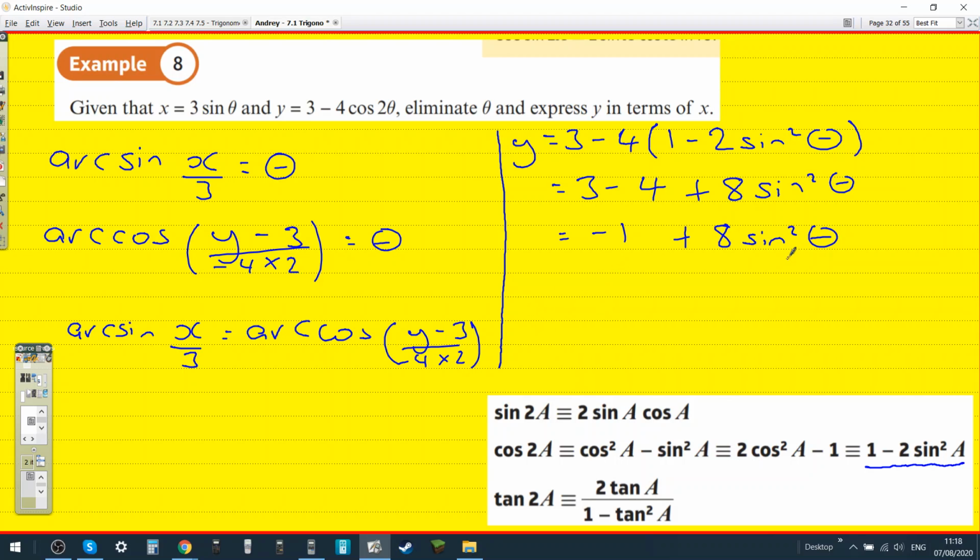Make sine squared theta the subject. So y plus 1 over 8 is equal to sine squared theta. In this one, make sine squared theta the subject.